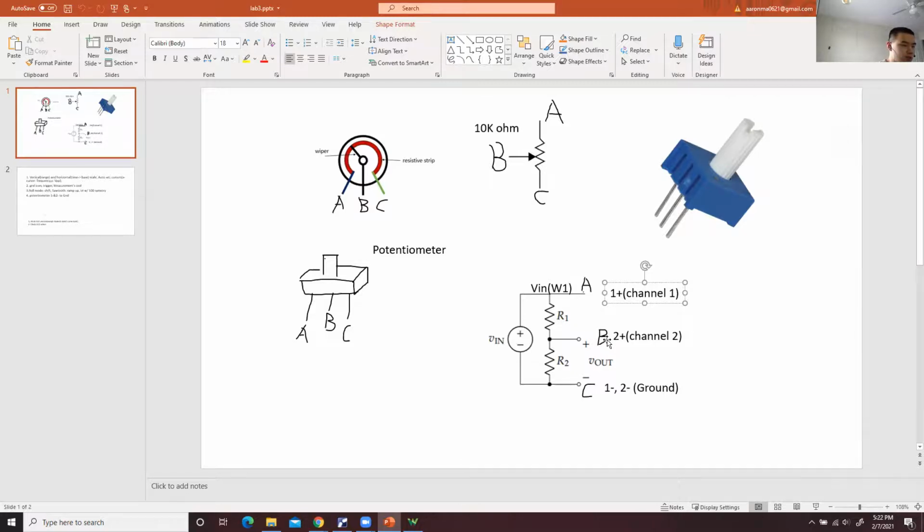And the middle pin, pin B, is my output, which is connected to another channel, channel 2, which is 2 plus.